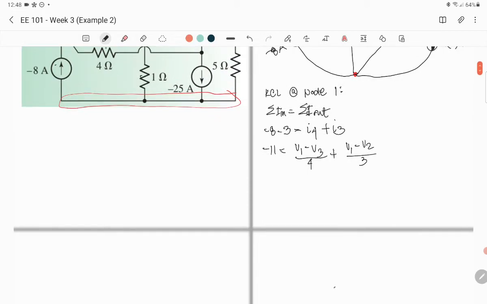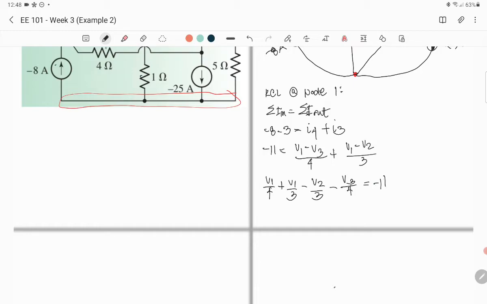For simplicity of our calculation, we will transpose all of the variables to the left and all of the constants to the right. So we have here V1 over 4, plus V1 over 3, plus V2 over 3, and V3 over 4 is equal to negative 11.